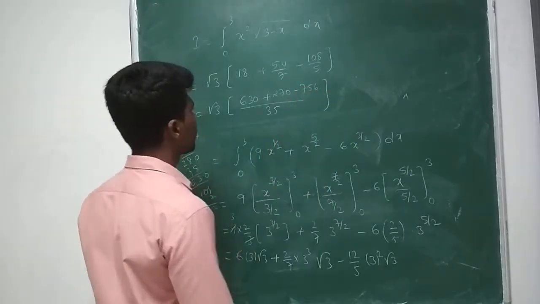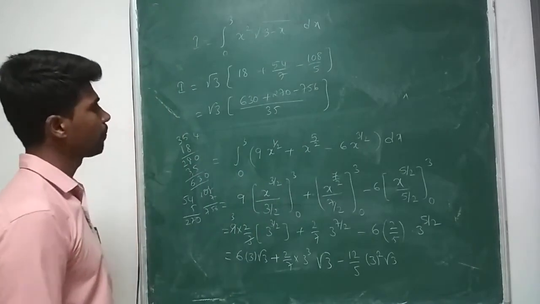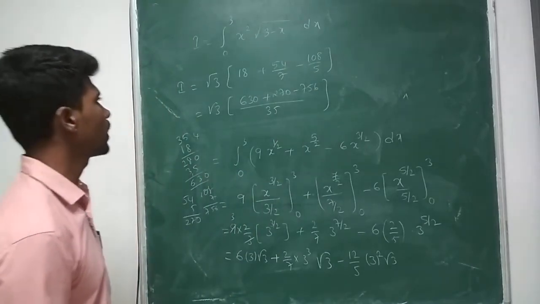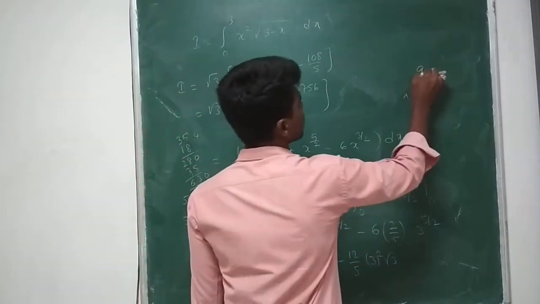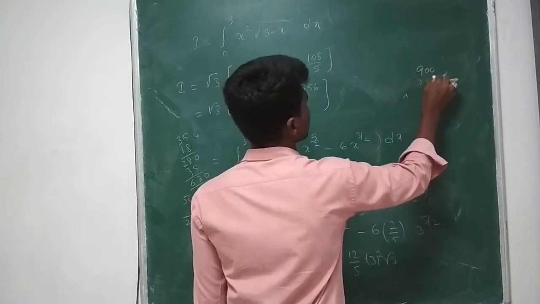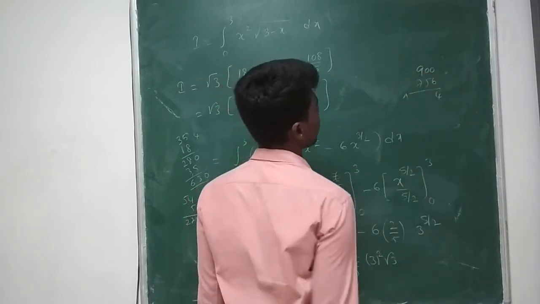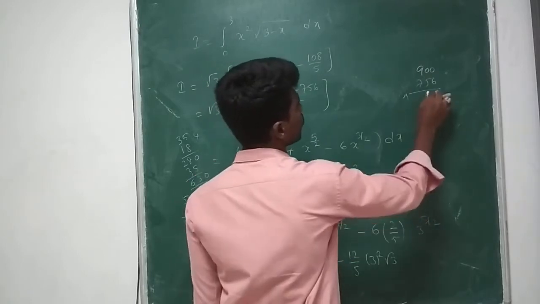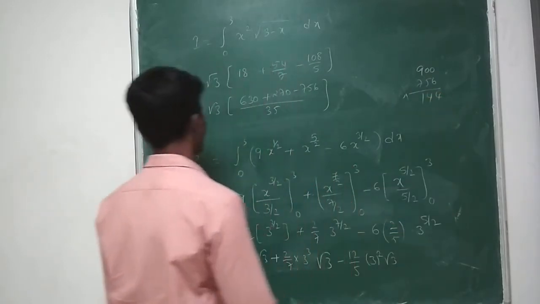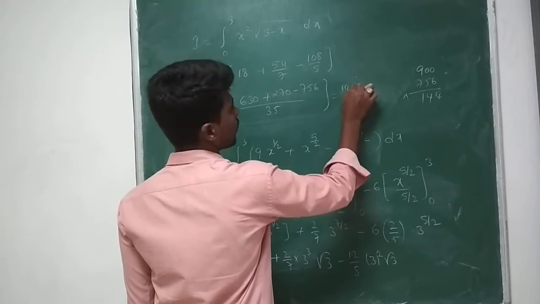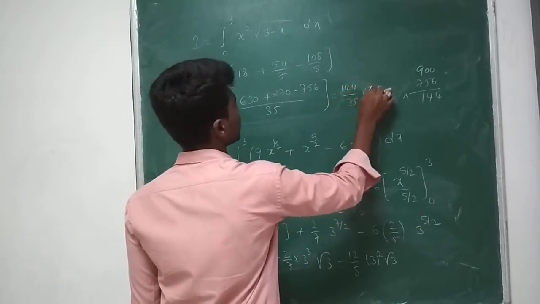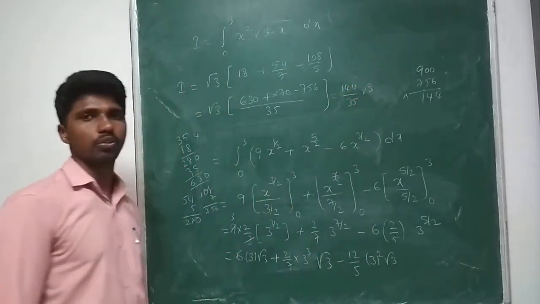Simplify: 630 plus 270 is 900, 900 minus 756 is 144. So what we get is 144 by 35 into root 3.